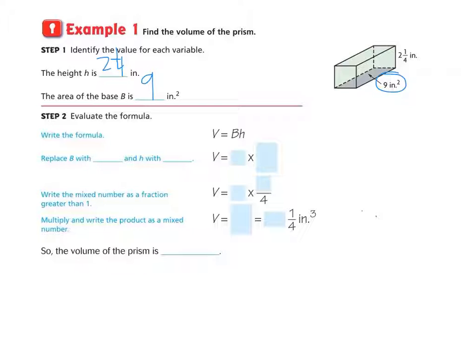They already did this, length times width, and called it capital B, or the base B. So now in our formula, they've replaced the length times width with the capital B. So we're going to replace B with 9 and H with 2 1/4.